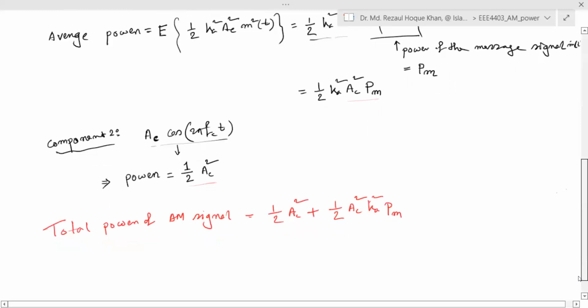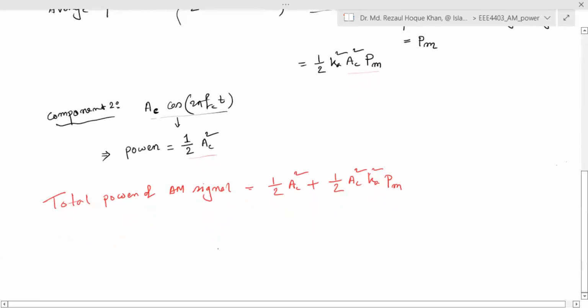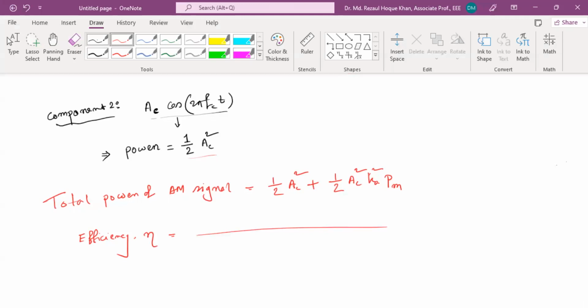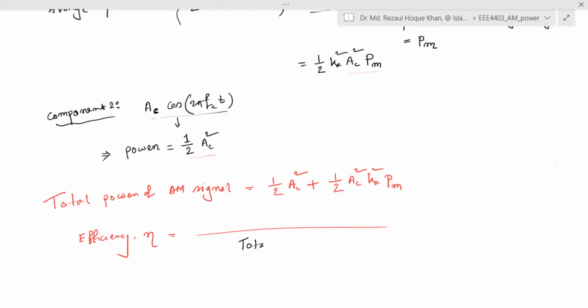So if this is the case, what is the efficiency? The efficiency will be nothing but the power in the carrier modulated by the message, to the total power.